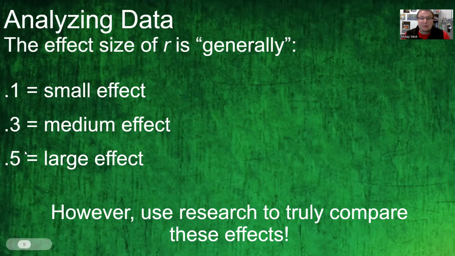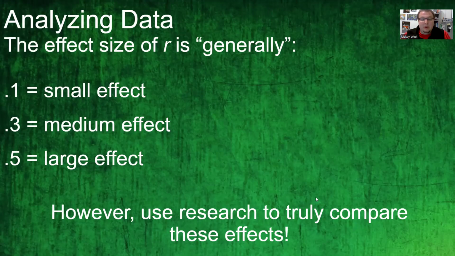So an important note here before I move on: you might have a 0.5 in your study, or you might get a 0.1, but be careful assuming that these easy effect size labels are the only way to interpret the numbers that you have.